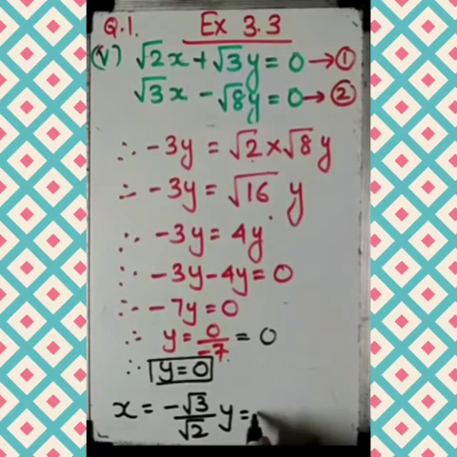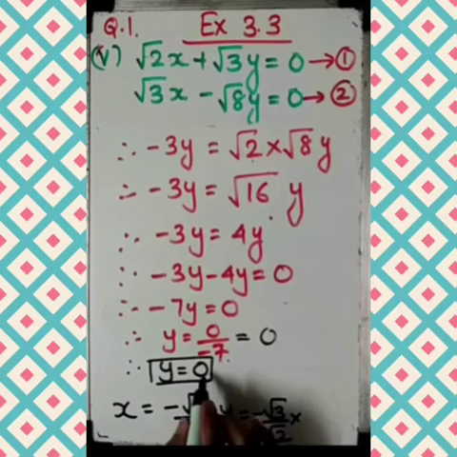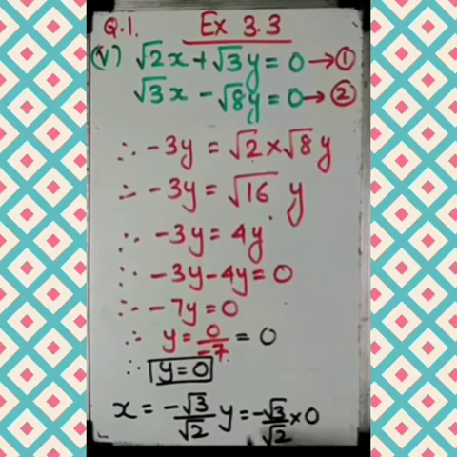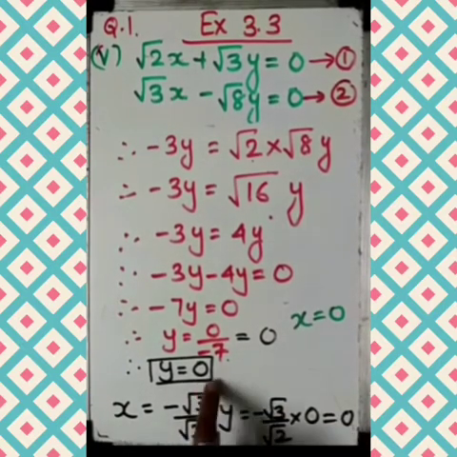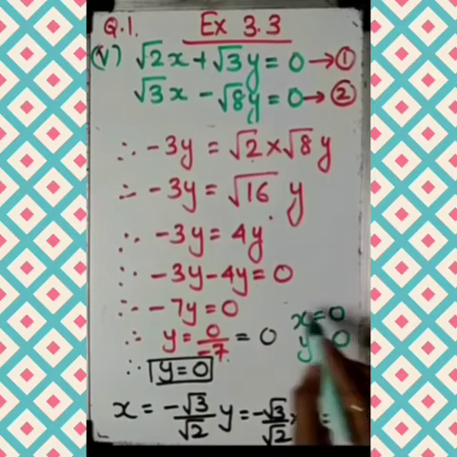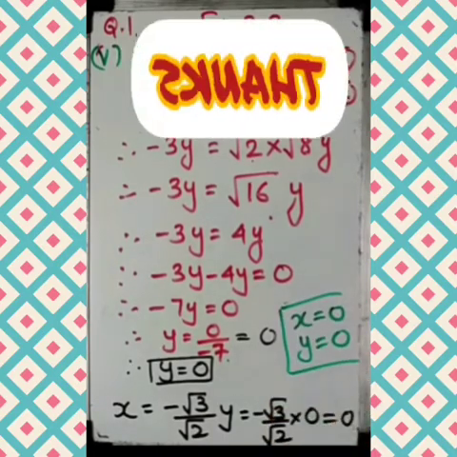Now in this, I am putting the value of y. The value of y, what we got? 0. And you know, 0 multiplied with any number, the whole term will become 0. So the final answer is x equals 0, and y is 0.